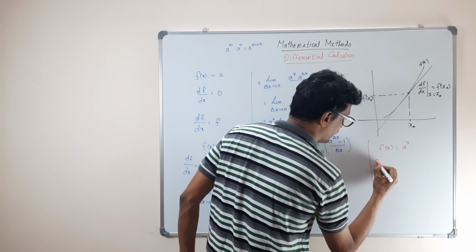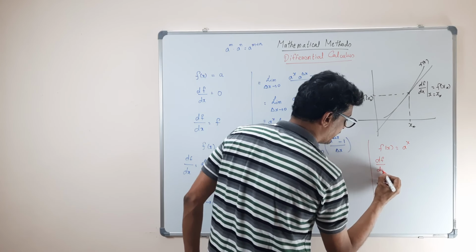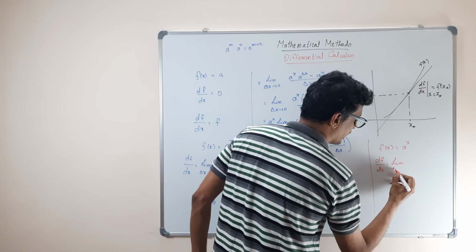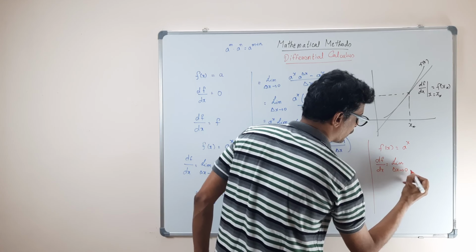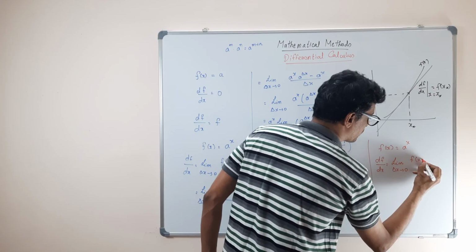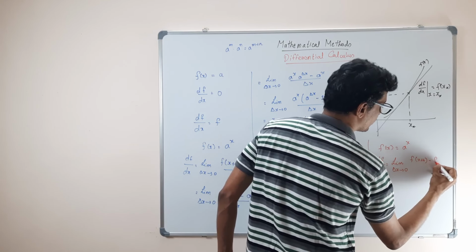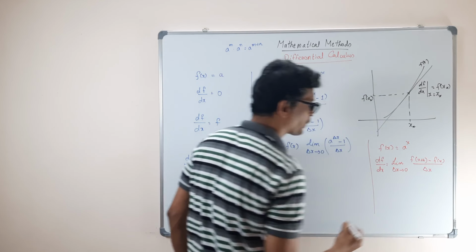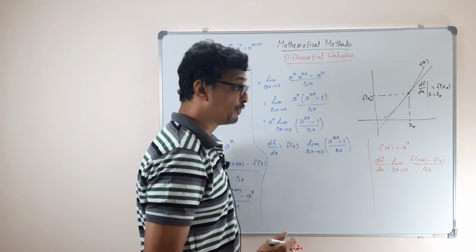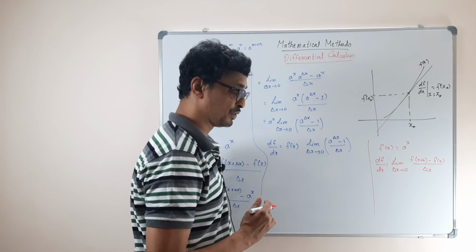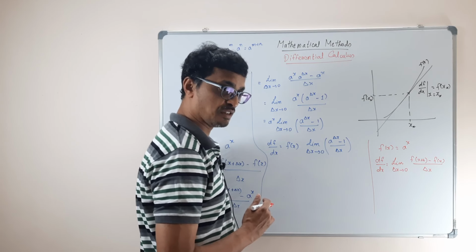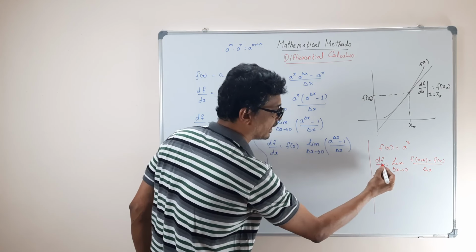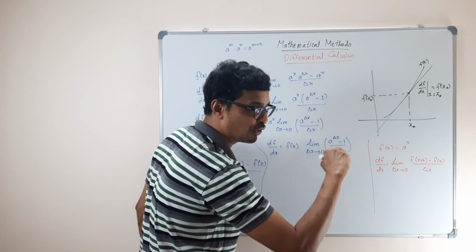Now, if your x is equal to 0, so what happens? So we are having df by dx equal to limit delta x tends to 0, f of x plus h minus f of x divided by delta x, right? Suppose your x is 0. If you remember, last time I said df by dx, you can write as f prime also.